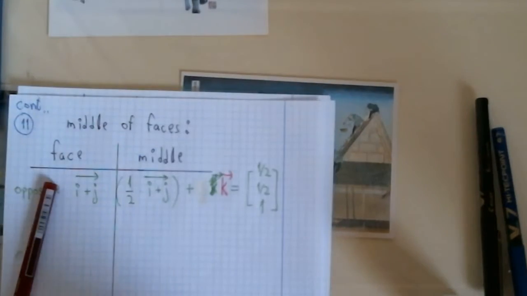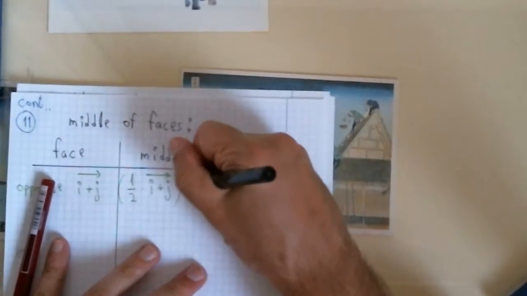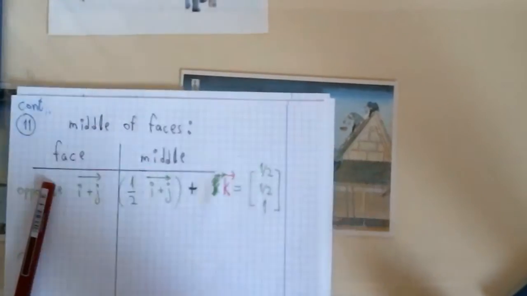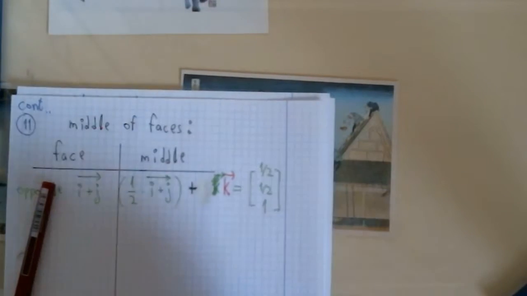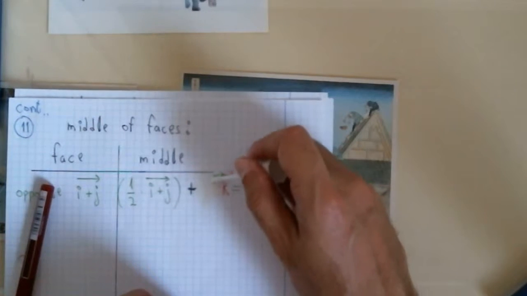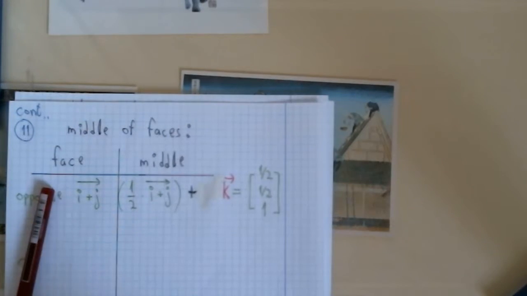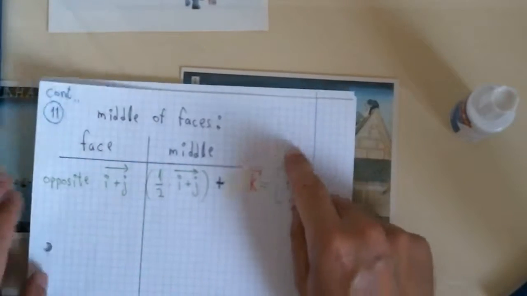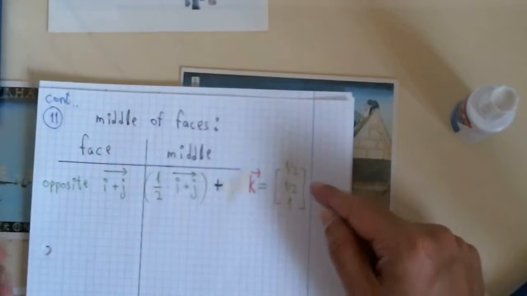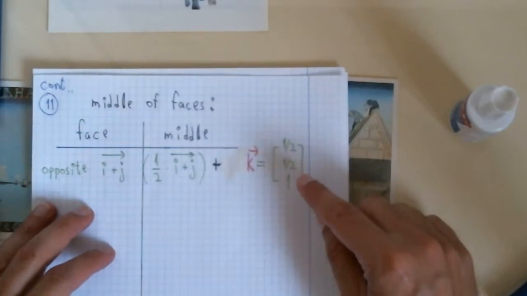I'll erase this k and draw it in red, so it will remind you of the red k that we talked about before. This should have been yet another color, but I don't have another color. So it's half, half, and 1.